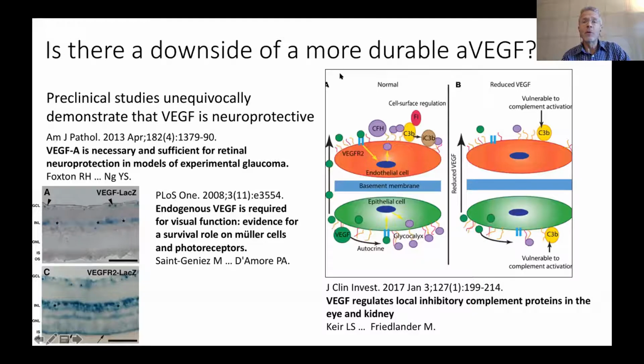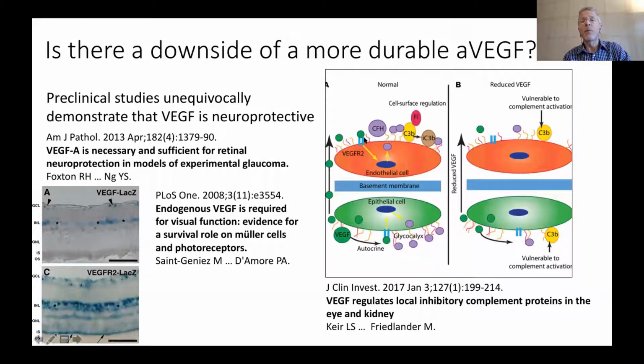And how about humans? This is a picture from a paper in which they concluded that VEGF regulates the local inhibitory complement proteins in the eyes and in the kidneys. Complement is part of the innate immune system, and its job is to kill cells that have been infected or in some other way are not good for the viability of the organism.